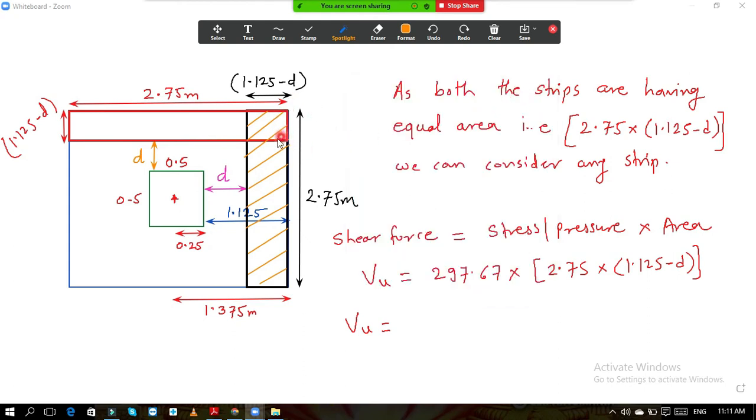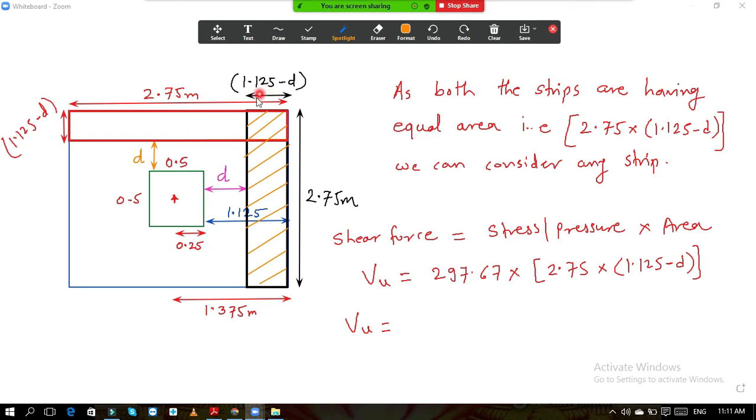Now see what is the answer to this question. See, we have considered one strip in x direction, one strip in y direction. Okay, but while doing the calculation, we will consider only one strip which is having greater area. Underline my words, we will consider one strip, double underline this, one strip, and the next statement is which is having greater area, again double underline the words greater area.